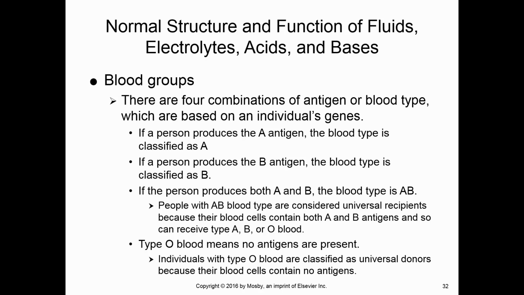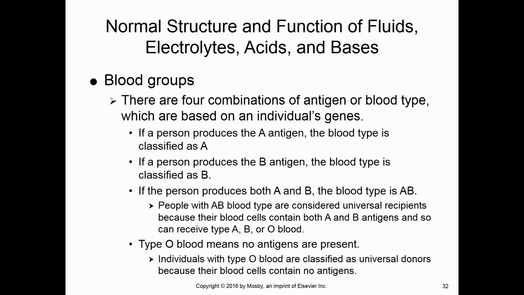Now, a patient who is AB type blood is considered a universal recipient, meaning they can get any type of blood. They can get A blood, B blood, AB blood, and O blood.